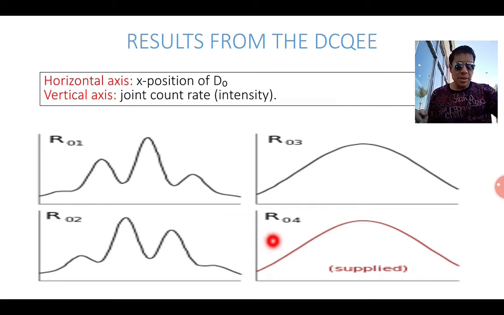Notice that there is another one right here that is supplied because it was not measured, but a fourth detector, a detector D4, could have been added, and we could have obtained another one just like this one right here. So remember, this is when we know which path the information went through.